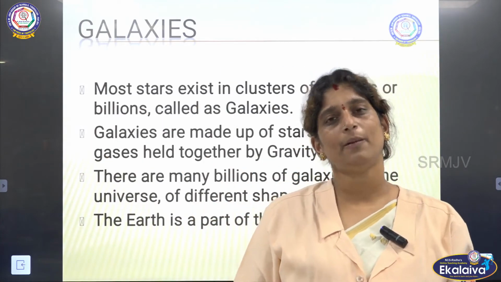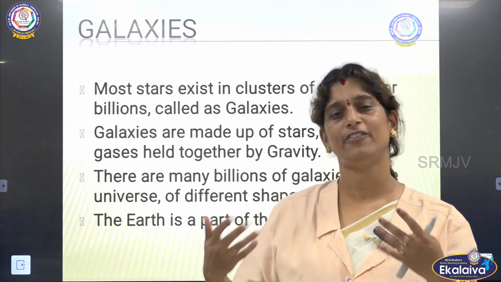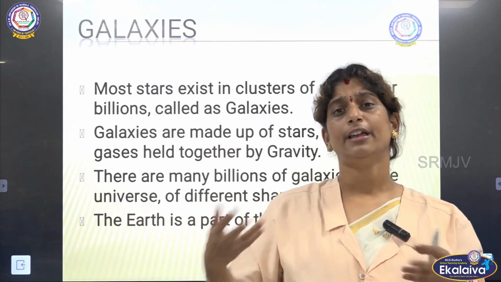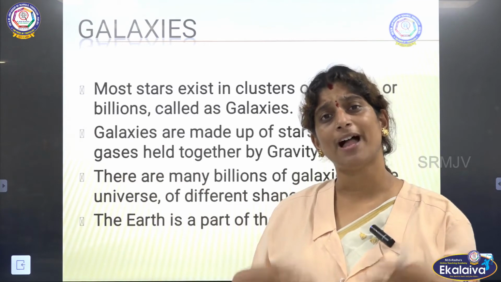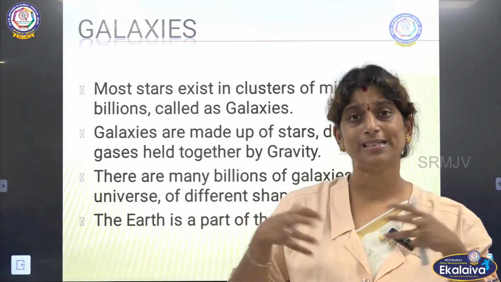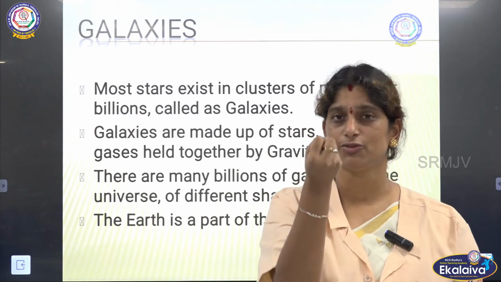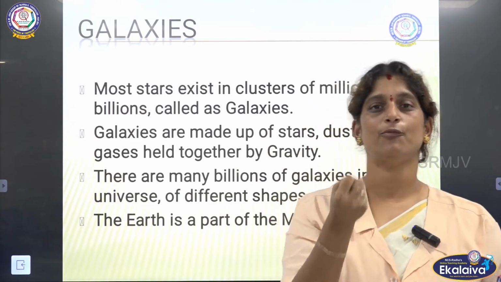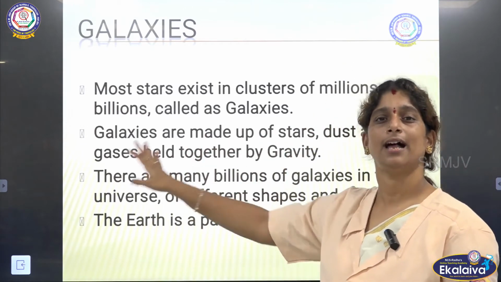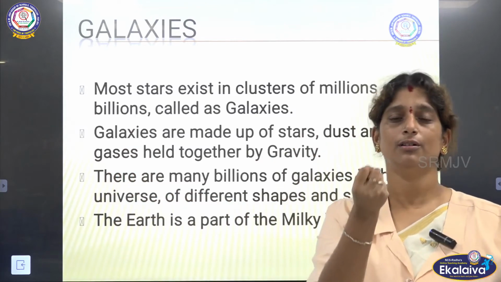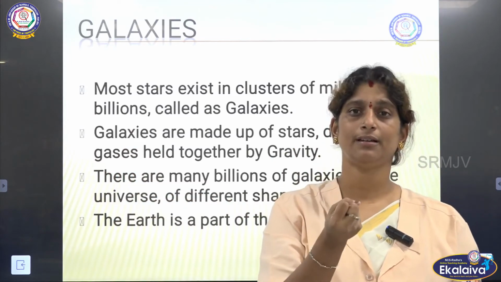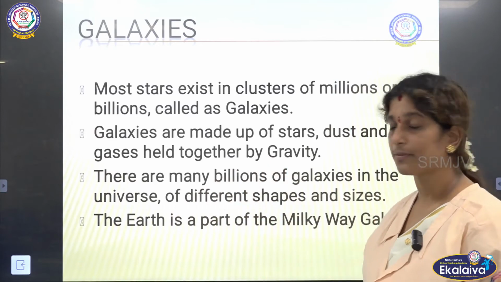For example, when we go to shop and buy many vegetables, if we do not put them all together in a bag, how will we carry them? So there should be something to hold everything together. In the same way, these stars, dust and gases are held together by gravity, right?